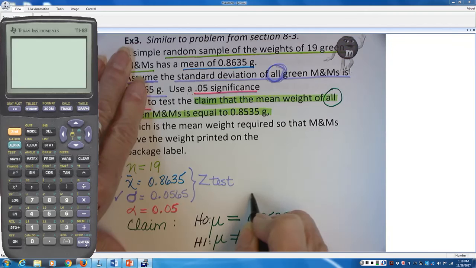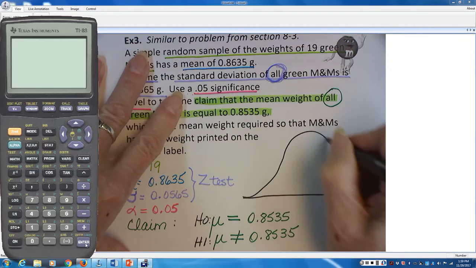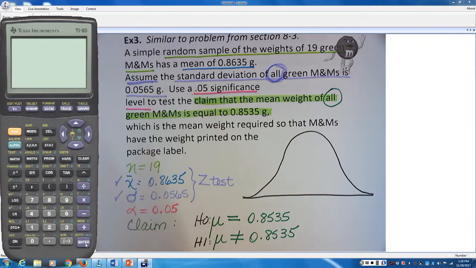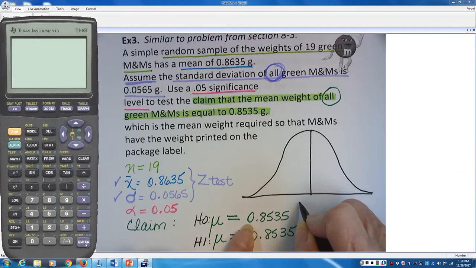So eventually, we're going to get a curve when we run the test. And the assumption of H0 says the middle of that curve, we believe, is supposed to be 0.8535.